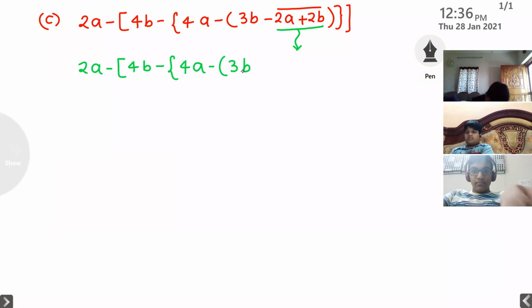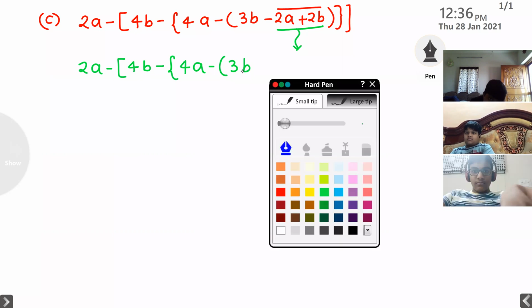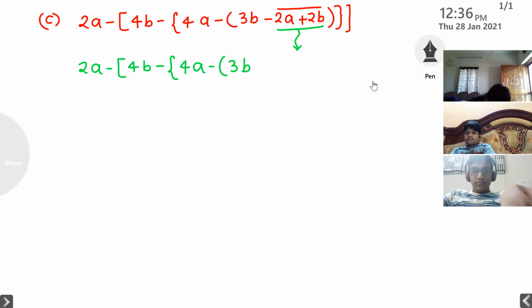I did not touch these remaining terms. Now I am going to open my line bracket. Before the line bracket you are observing the sign is minus, so all signs will change: minus 2a, minus 2b. I hope it is clear to you, everyone.